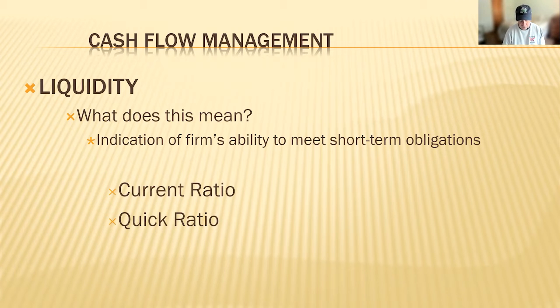So the current ratio is what we're going to talk about next, and how it's calculated, and what the subtle differences are between the current ratio and the quick ratio. Both of them have to do with, again, liquidity and the firm's ability to meet their short-term obligations with their short-term assets.